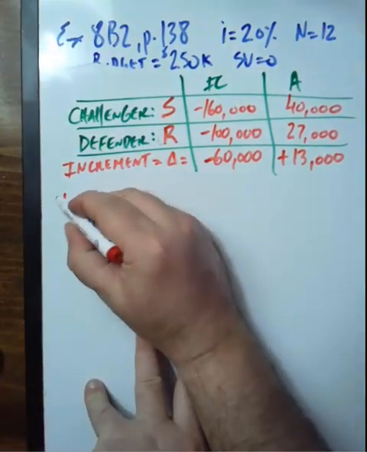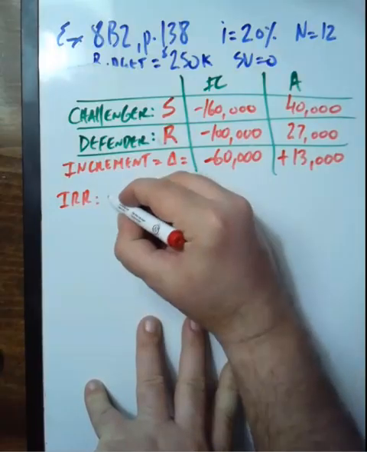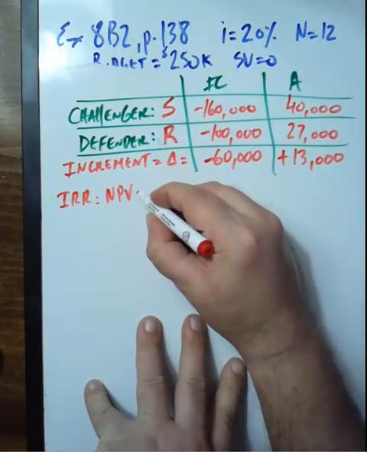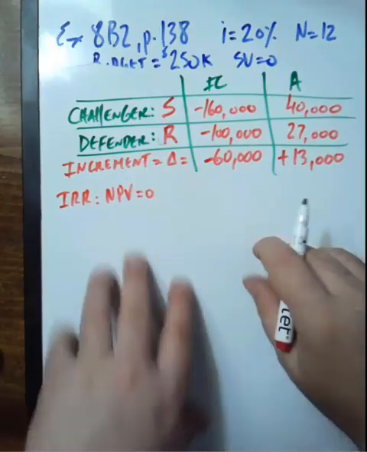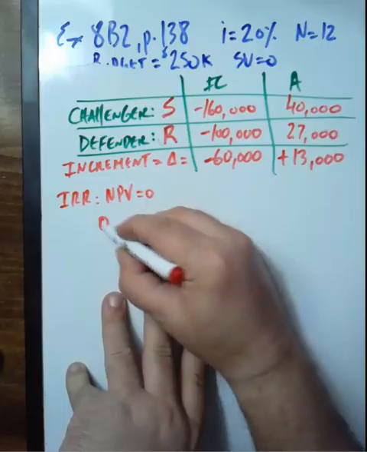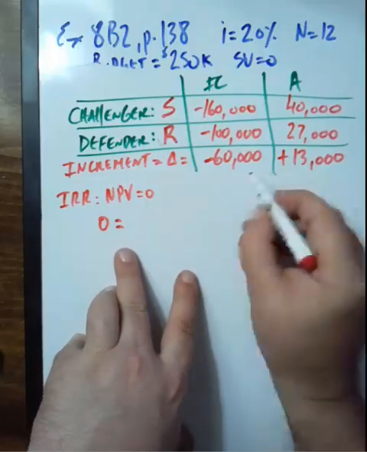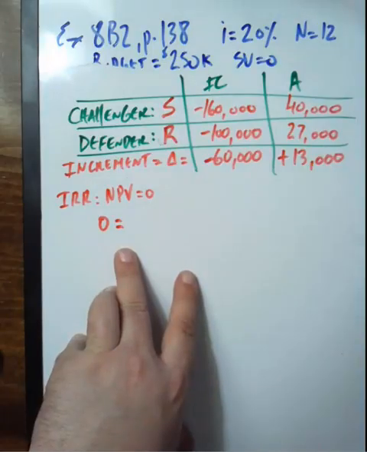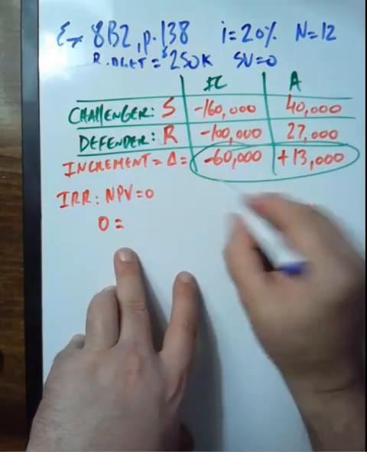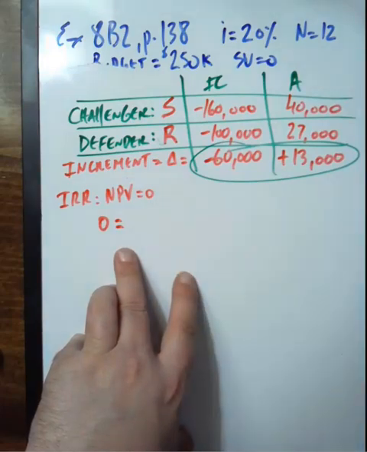So let's use the internal rate of return, which, you know, is the rate that makes the net present value equal to 0. So the computation will be forcing the net present value of these incremental returns to be 0. What is the interest rate that enables that?